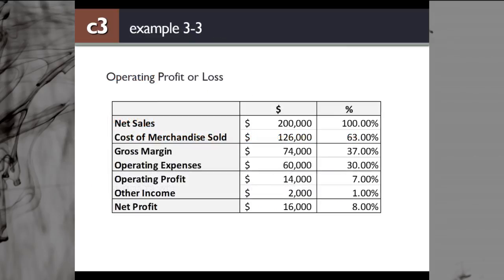And let's look at another example here, example 3.3. This chart shows you the big picture of this operating profit or loss. And what you can tell, you can start from the bottom now, to see whether there's a profit or loss, and you see plus here, not minus. So that's gonna be your profit. You have profit after you sell and after you spend all these expenses.